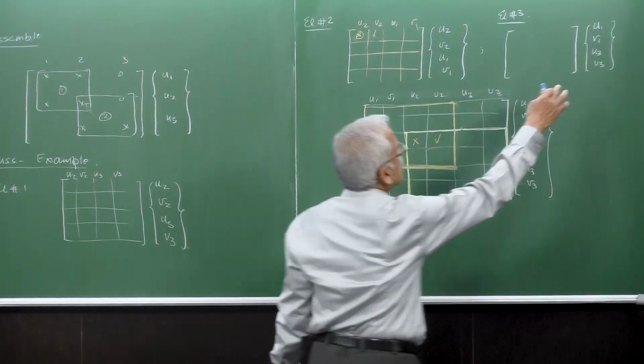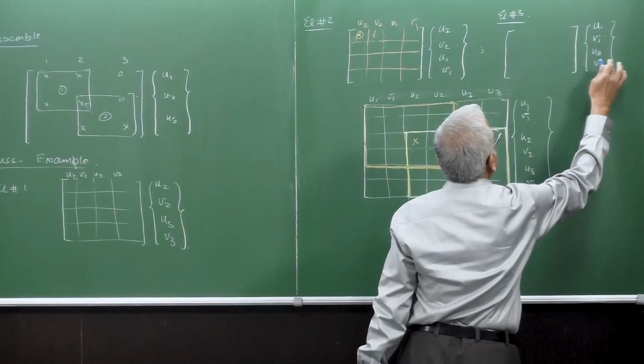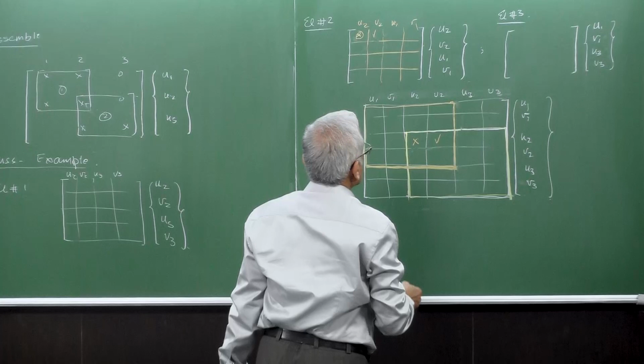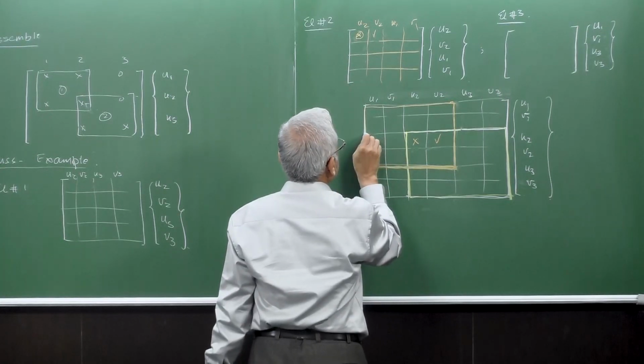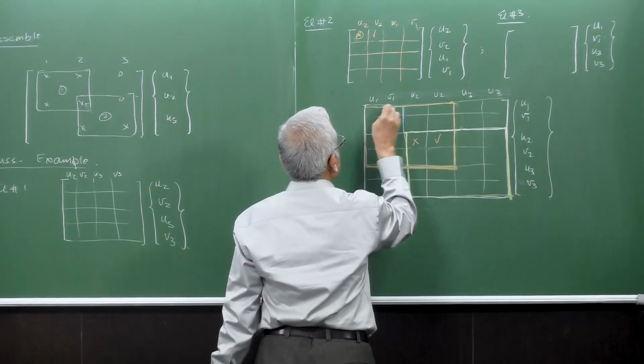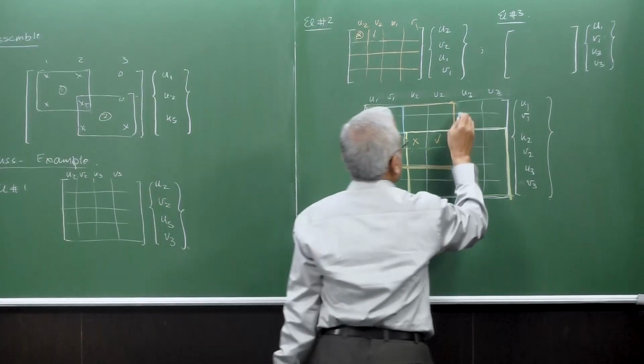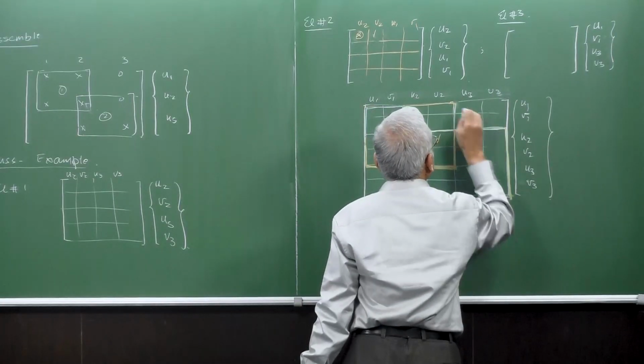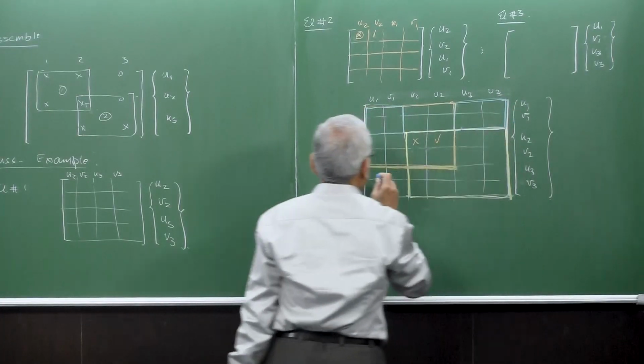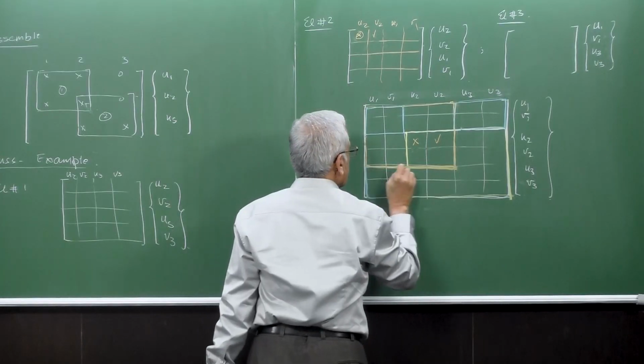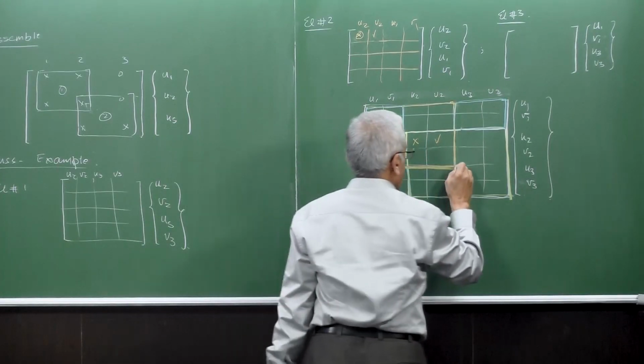So element 3 goes to U1, V1, U3, V3. That means that it will go here, this part, right? And here, this part, and this part here, and this part here.